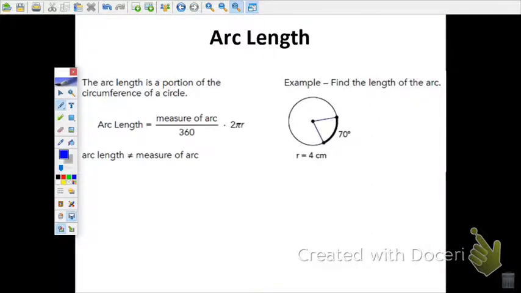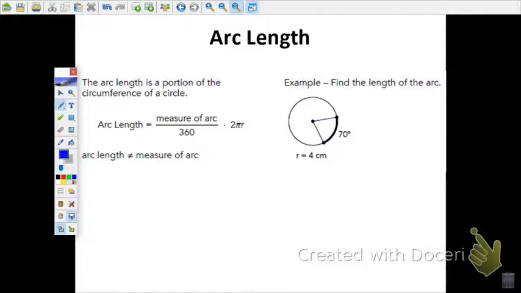Associated with circumference then is arc length. So this is where reading comes into play and having to pay close attention to detail. Because what we did on our previous notes page was working with the measure of an arc.